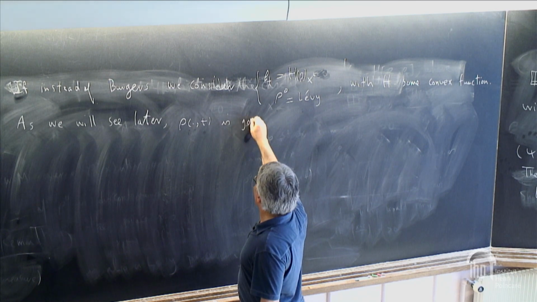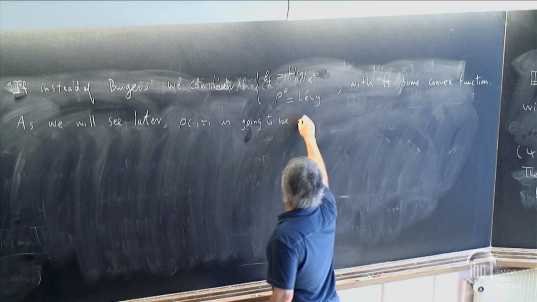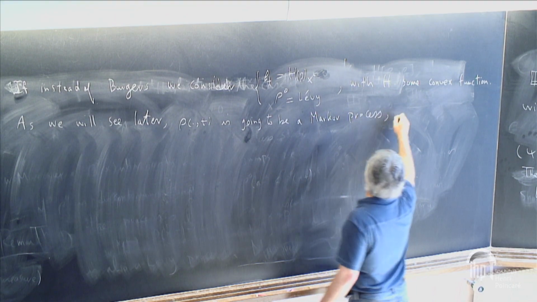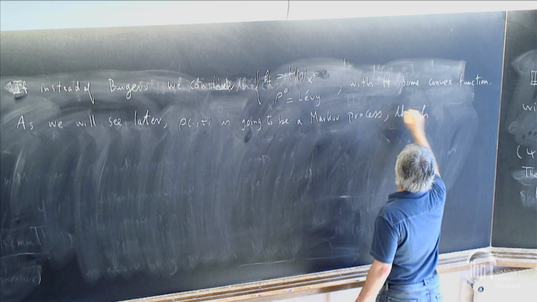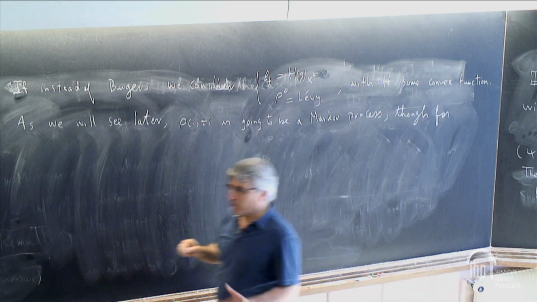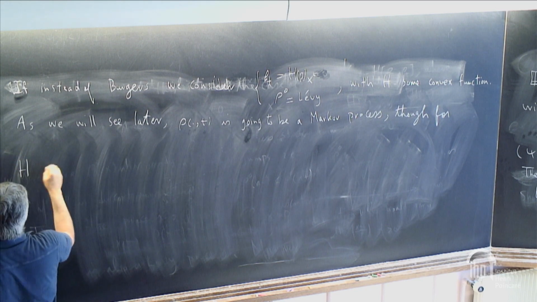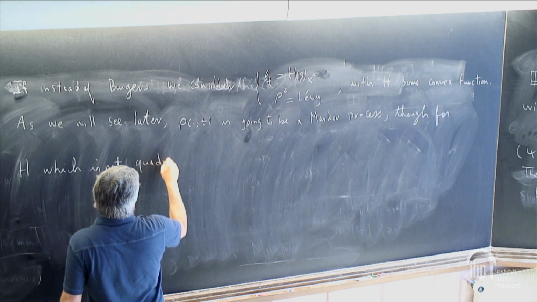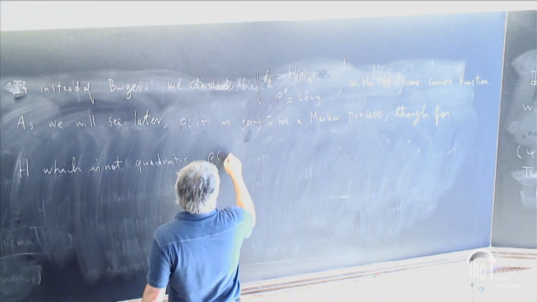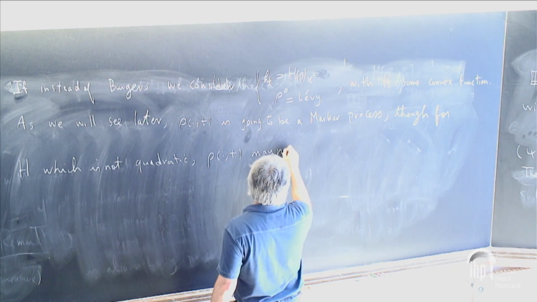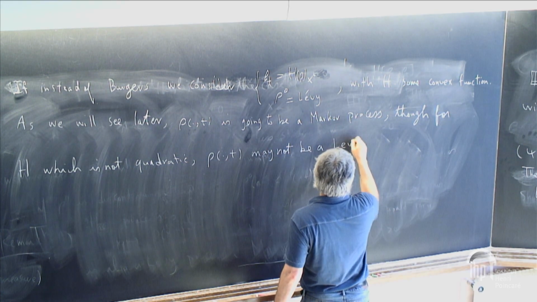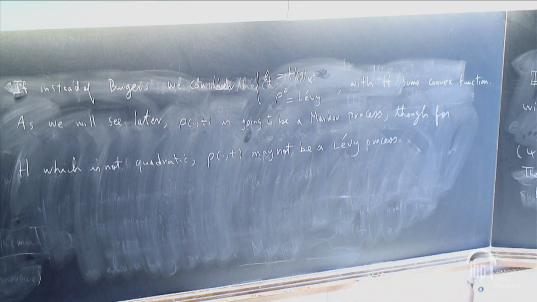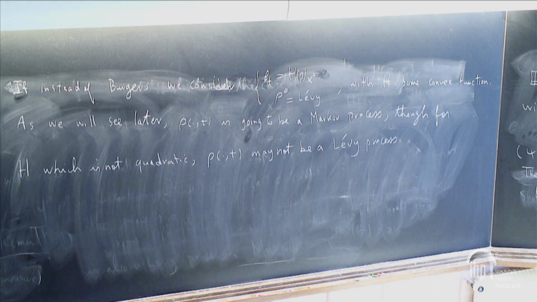For h which is not quadratic, rho t may not be Lévy. So Burgers' equation is a kind of a good luck that Lévy stays Lévy.